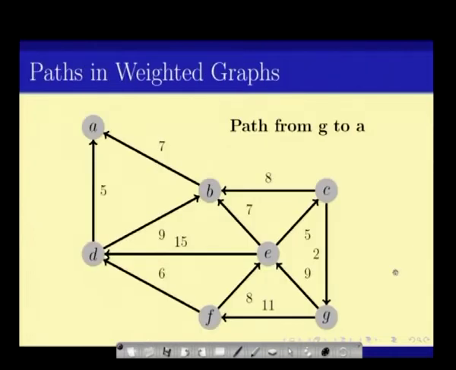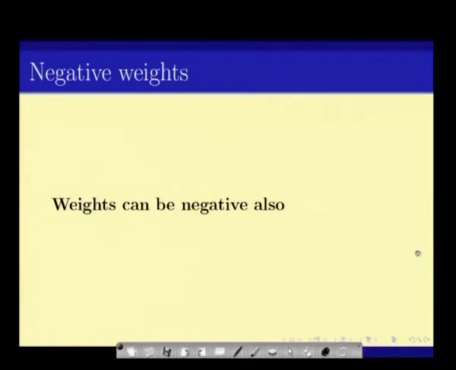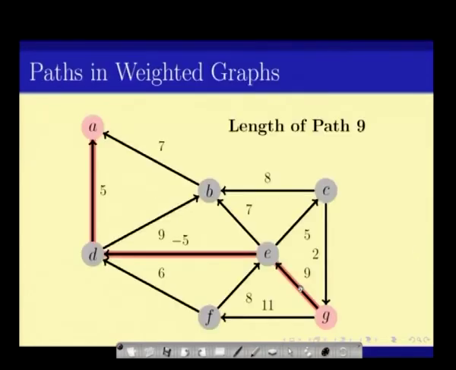So, for example, here we have this graph and we have this path which has length 29, we have one more path which has length 23, and there is one path which has length 22, and so on. Although the weights can also be negative, for example, here we can have the usual one, but we can also have a smaller length of 9 that uses a negative weight.